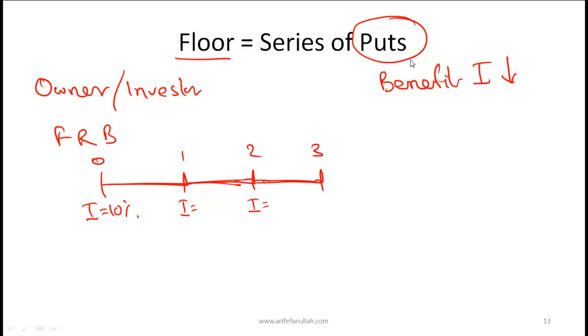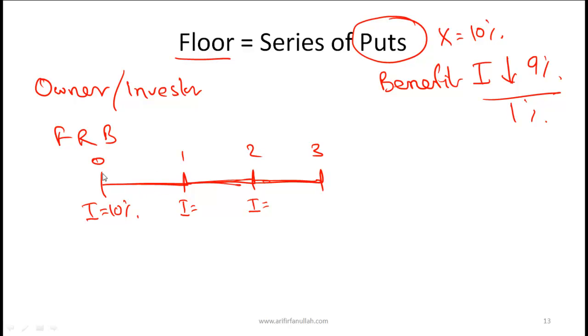Because if you recall, the put option is the right to sell, in this case the right to sell money. So if you have a put option with a strike price of 10%, that means that even if the interest rate goes down to say 9%, because of this put option you will still get 10%. So if the interest rate becomes 9%, your net benefit because of this is 1%.